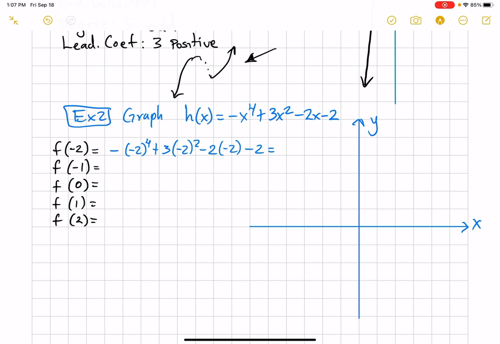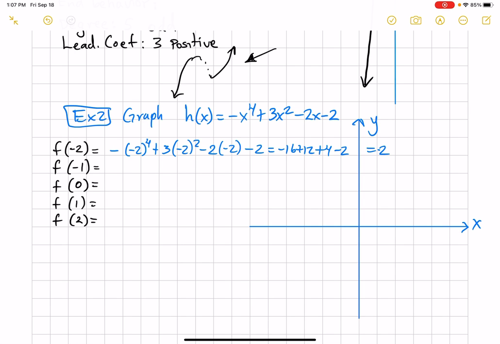If you do this carefully, this is going to be negative 16 plus 12 plus 4 minus 2. And so I believe that the answer here is negative 2. So we have a point, negative 2, negative 2.